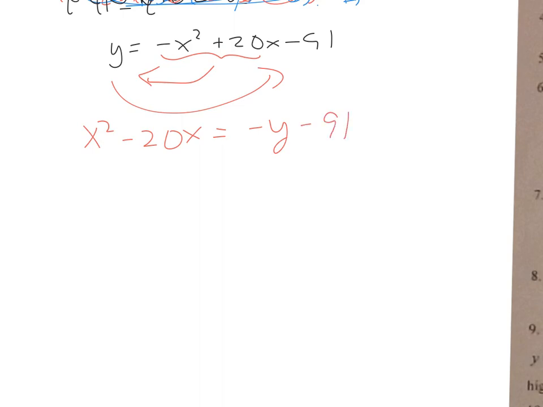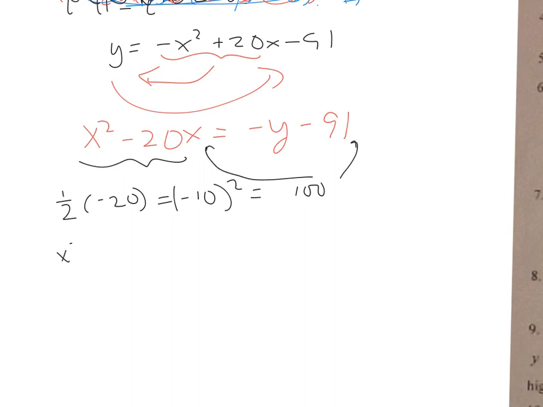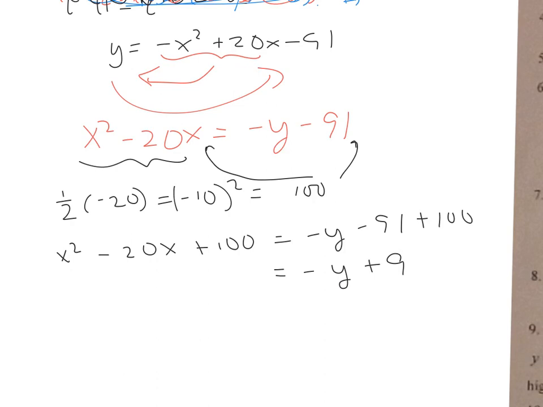Now I want to complete the square only for the x's. So half of negative 20 is negative 10. Squared is 100 added to both sides. So I get x squared minus 20x plus 100 equals negative y minus 91 plus 100. I'll simplify the right side. I get negative y plus 9.